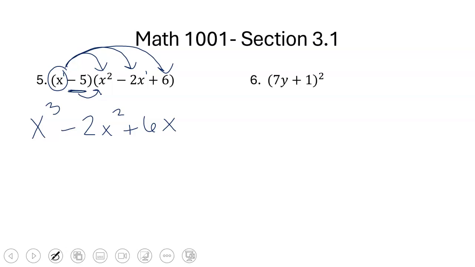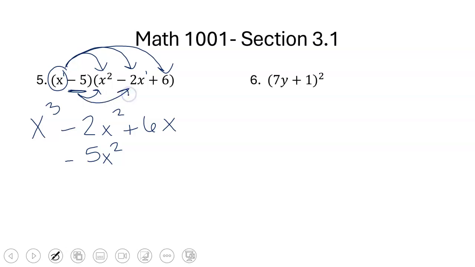Multiply it into all the second parentheses. So negative 5 times x squared, negative 5x squared. And I'm writing it under its like term, so it'll be easy to combine like terms. Or you can write it all the way across and then combine like terms.